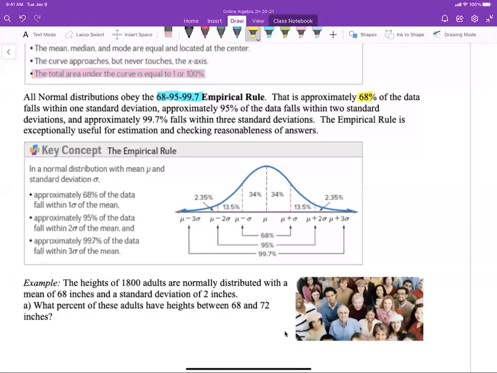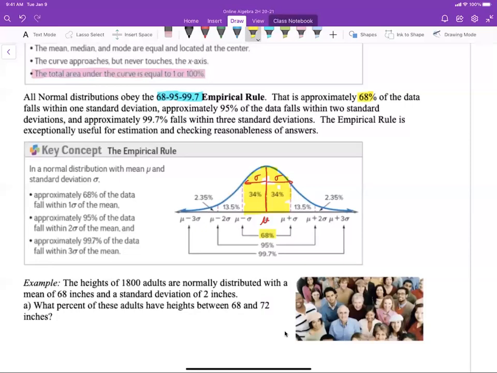So once again, here is my mean. This is my mean mu, and 1 standard deviation would be to approximately this inflection point. So here is 1 sigma, and the area underneath this part of the curve represents 68% of the data, okay?